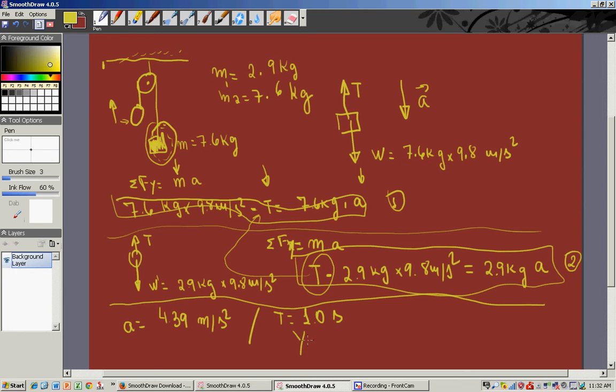So we have the time, we have acceleration. We can use y equals y naught plus v naught t plus half acceleration times t squared. Okay, and then we plug 1 second here. We can have our displacement, which is y minus y naught.